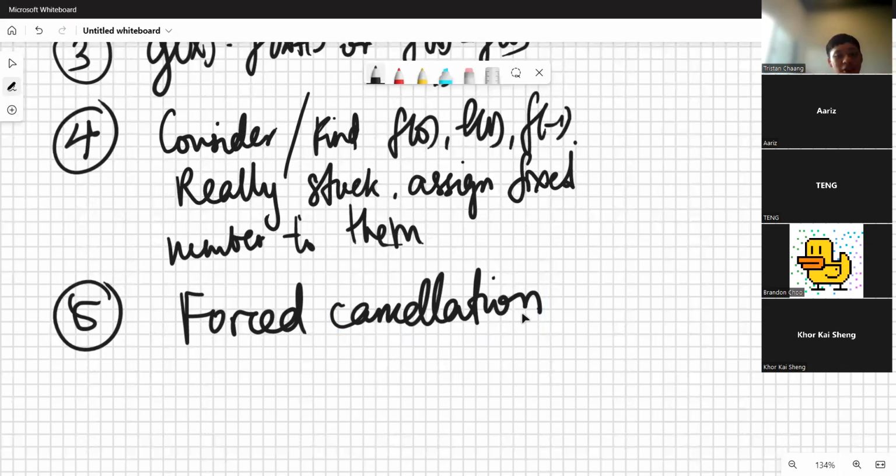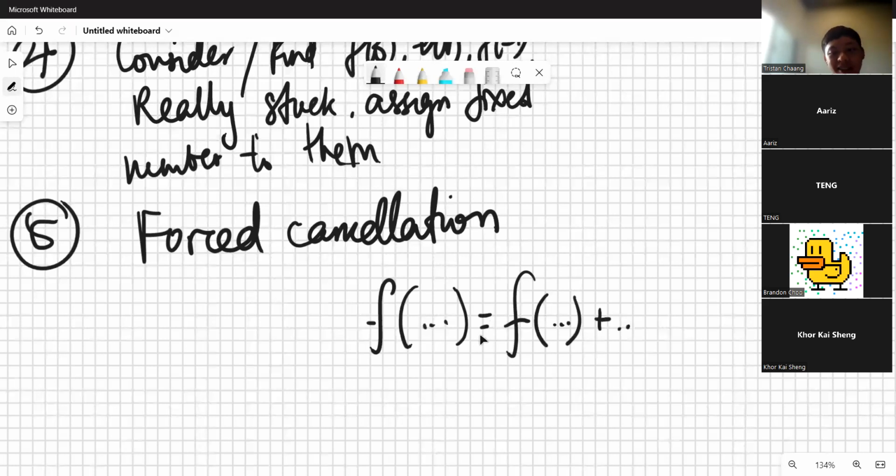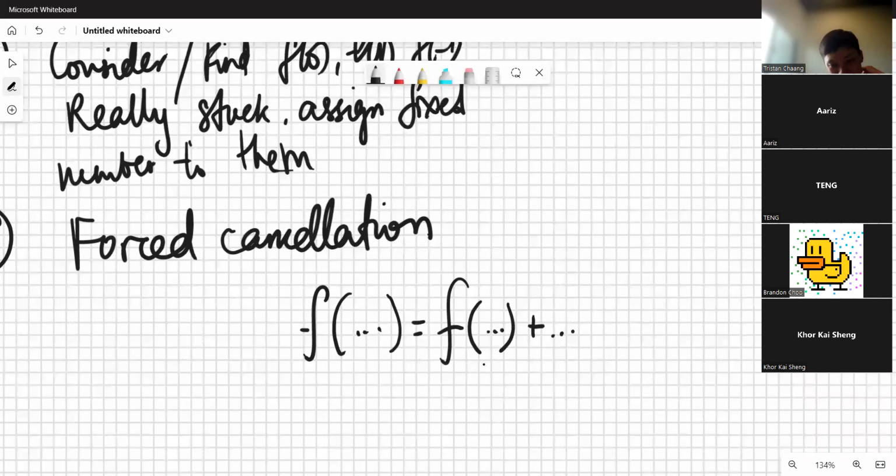So if you're given, let's say, f(something) equals f(something) plus other stuff, sometimes you can force these two things to be equal.